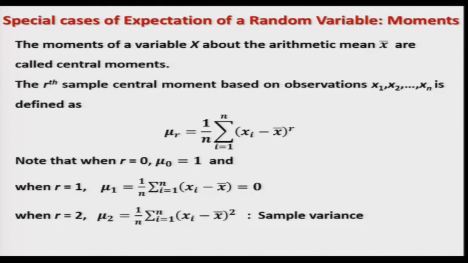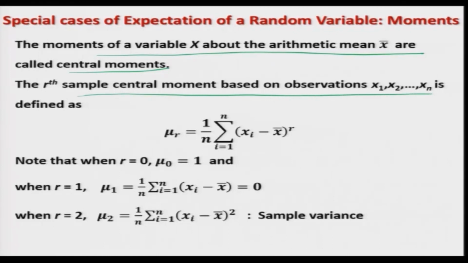Now let us define the central moments. The moments of a random variable x about the arithmetic mean x bar are called central moments. So the rth sample central moment of the observations x1, x2, ..., xn is defined as mu r, which is 1 upon n summation i goes from 1 to n (xi minus x bar) raised to the power of r.